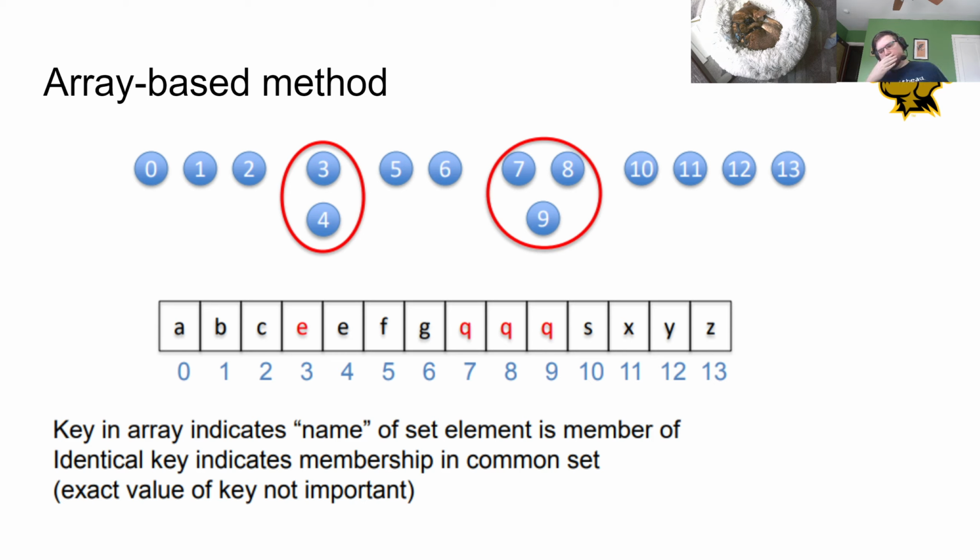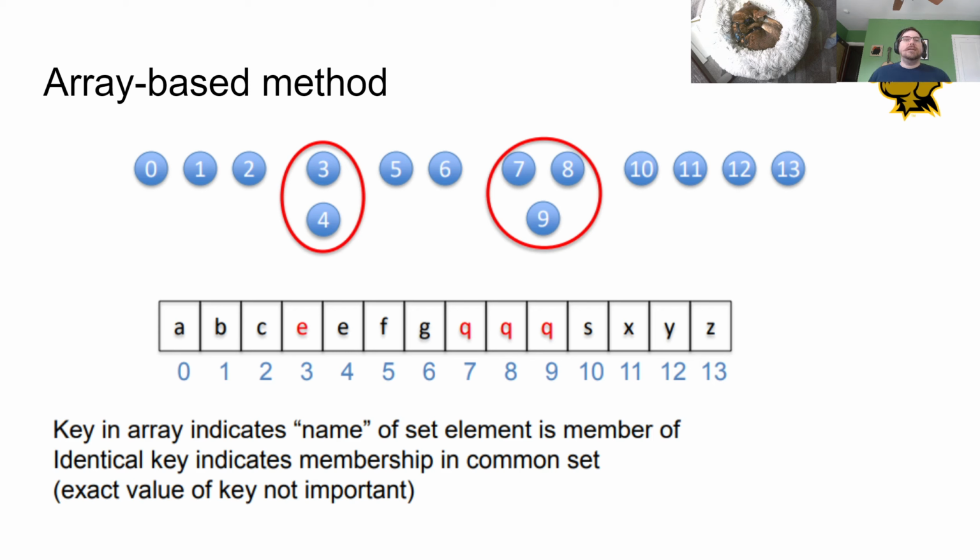So everything has a unique ID, 0 through 13. Cool. Then what's actually stored in the array is the team that each element is on.